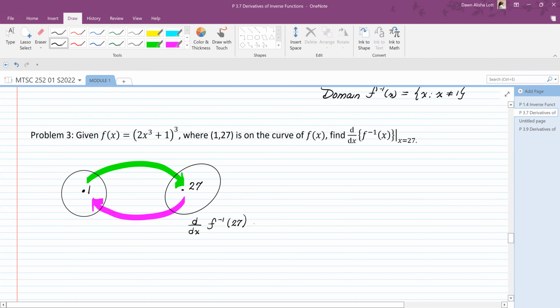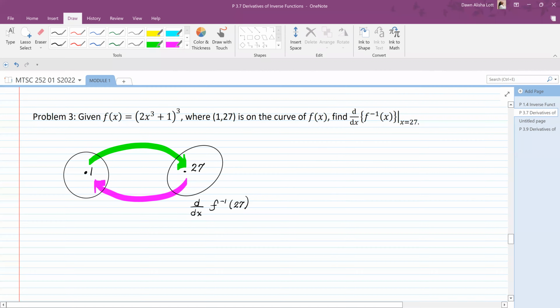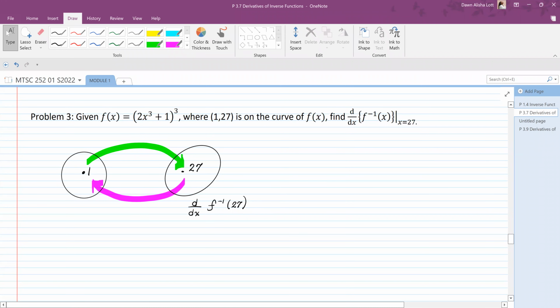This is actually rather easy. Is it 1? How'd you get 1? Because it starts off at 1 and 1 goes over, turns into 27. Okay, so that's the inverse of 27. That's a very good answer. That's the inverse of 27. What we need is the derivative of the inverse of 27.